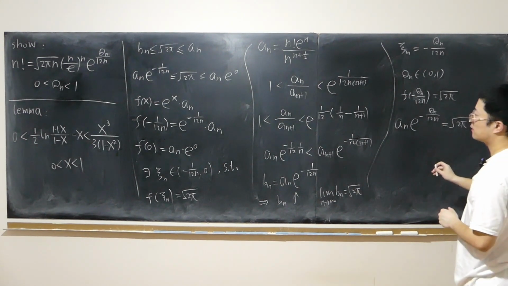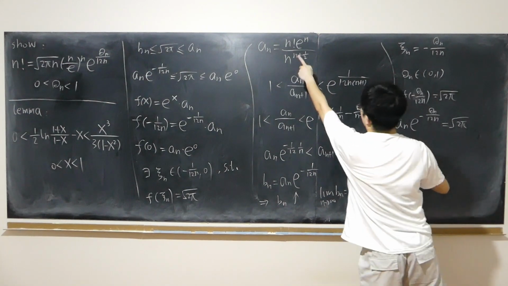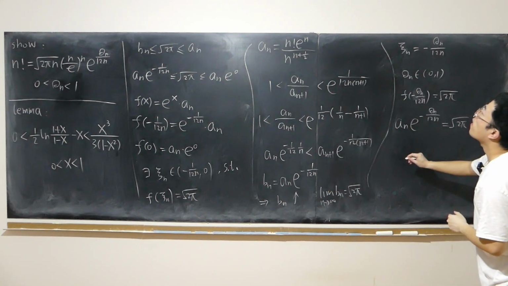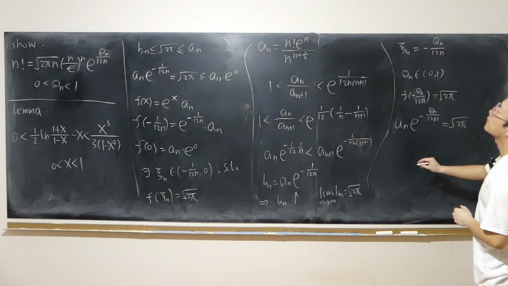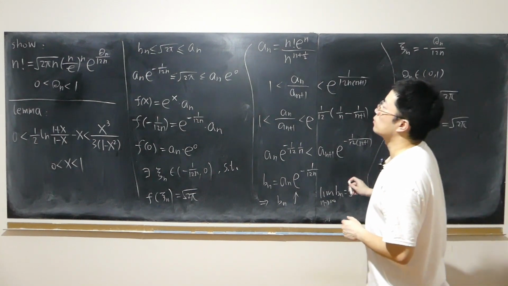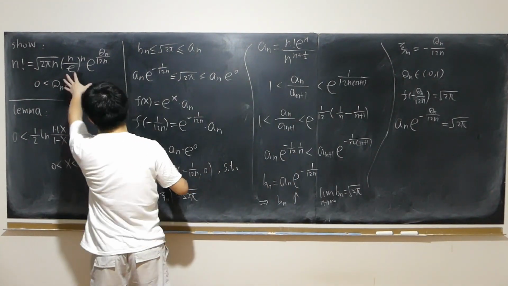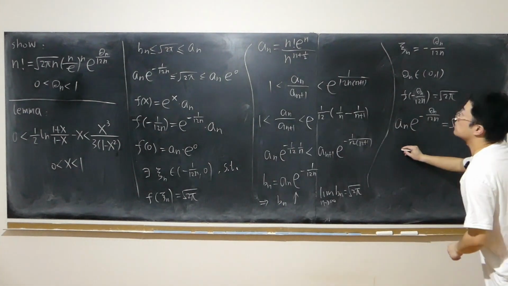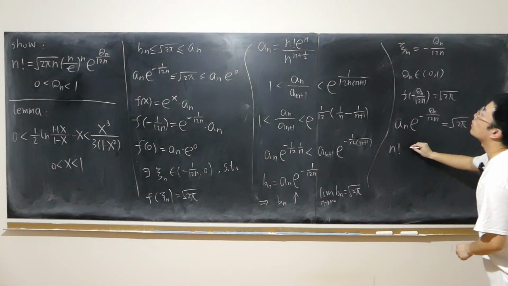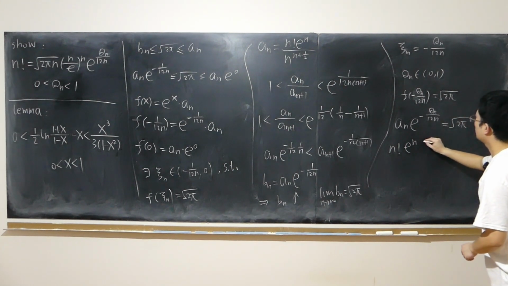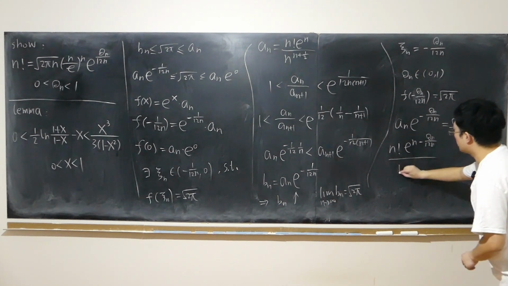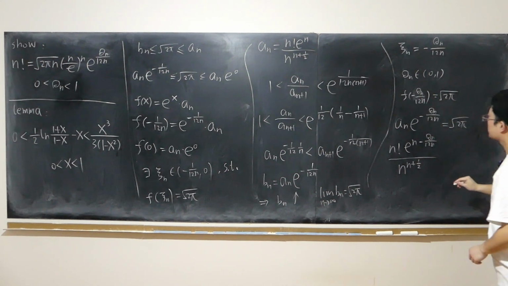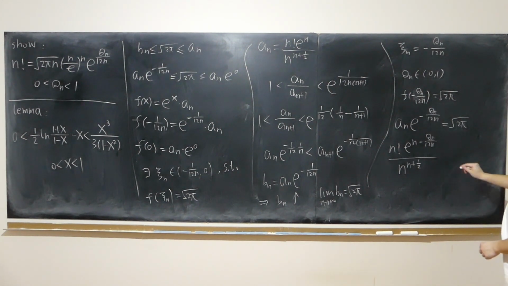What is an? An is this part. What do we want to show? We want to show this part. So really n factorial times e to the n times e to the power of negative theta n over 12n, over n to the power of n plus half, is equal to the square root of 2 pi.